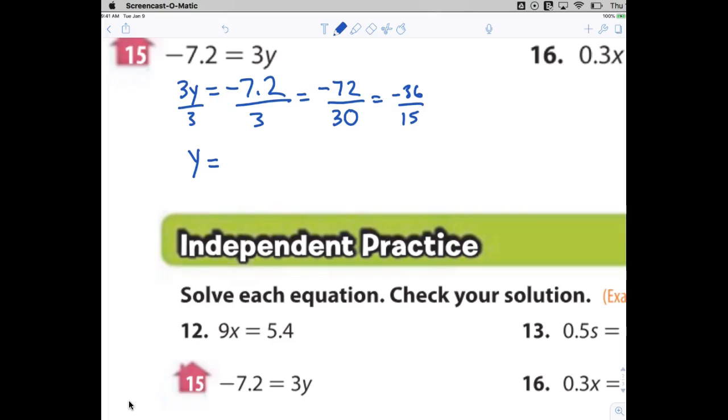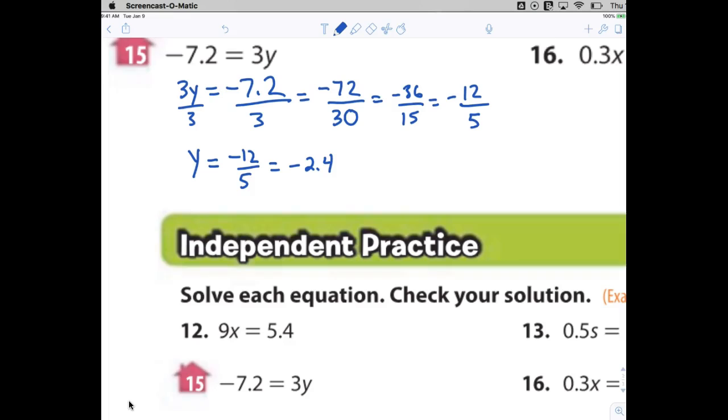So if I divide by 3, it's what? Negative 12 over 5. So my answer is negative 12 over 5. If you did the decimal, it would have been negative 2.4. All right, but personally, I just like doing fractions. Yeah, I think the fraction makes it much easier.